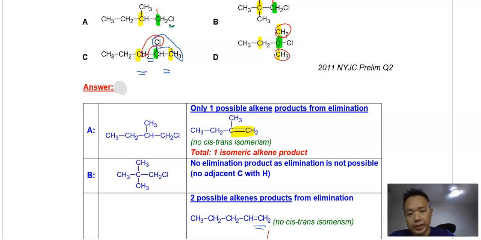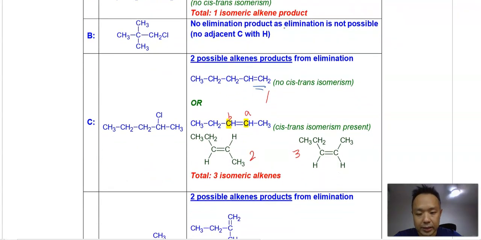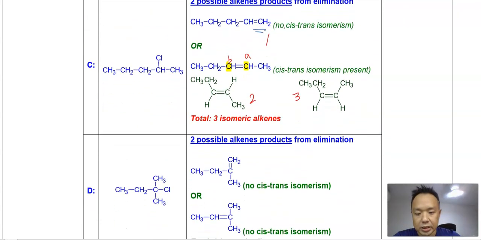So whether you eliminate this way or this way, it's going to be the same. Therefore, there are only 2 possible alkenes, either via the red hydrogens, or by removing the hydrogen here, with the C=C double bond between the green circled carbon and the green highlighted carbon. Then we just have to check whether they're cis-trans.